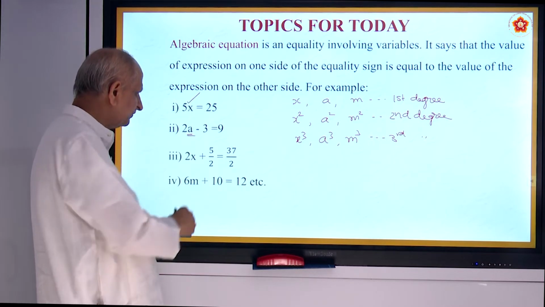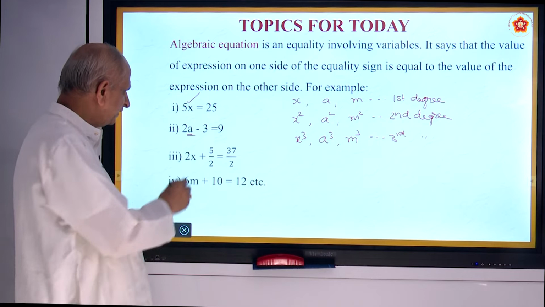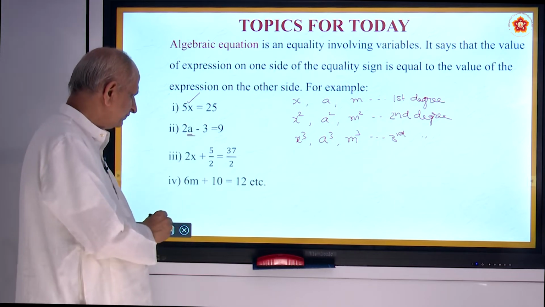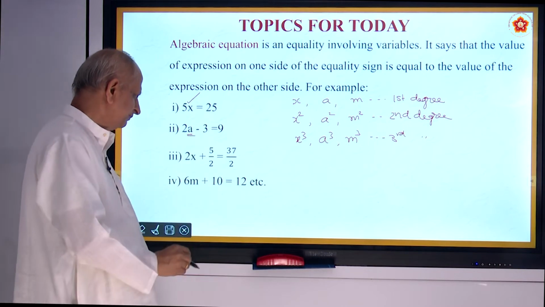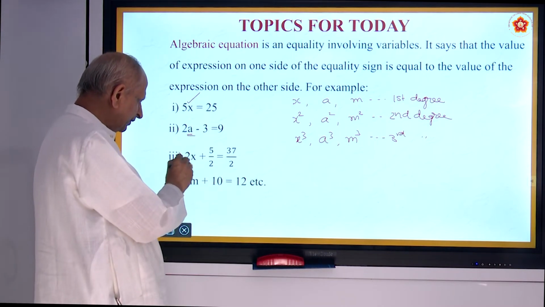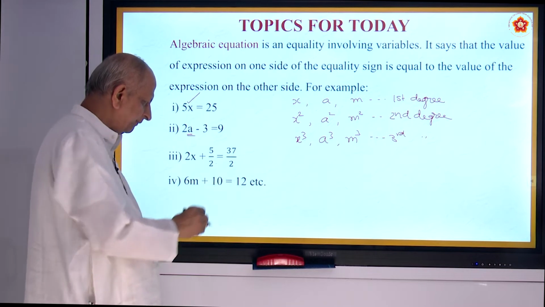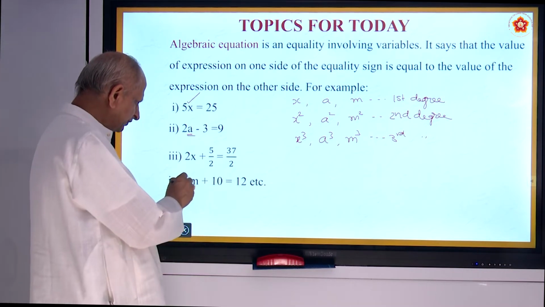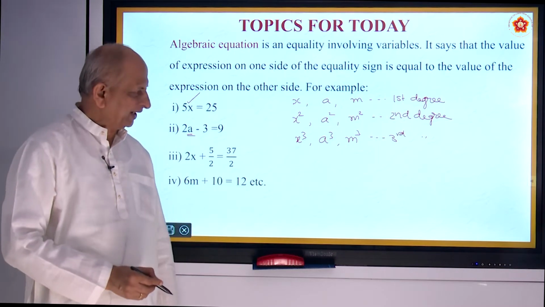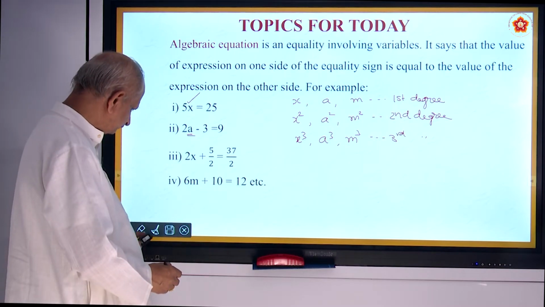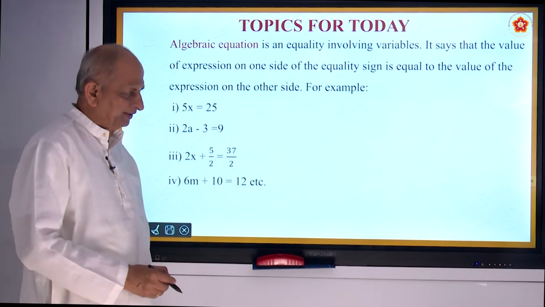Here a is multiplied by 2 and subtracted by 3 becomes 9. Here x is multiplied by 2 plus 5 by 2 becomes 37 by 2. Here 6m is multiplied by 6 added to 10 becomes 12. Like that, they are all called linear equations.